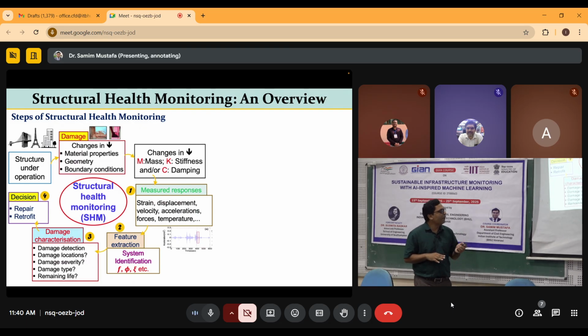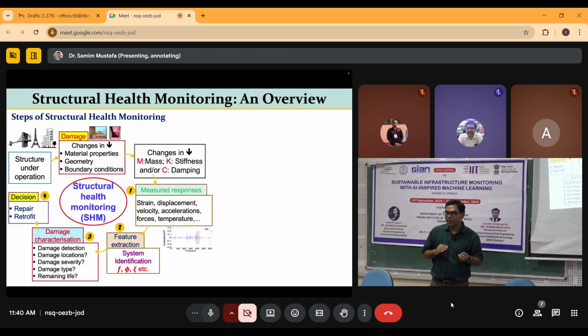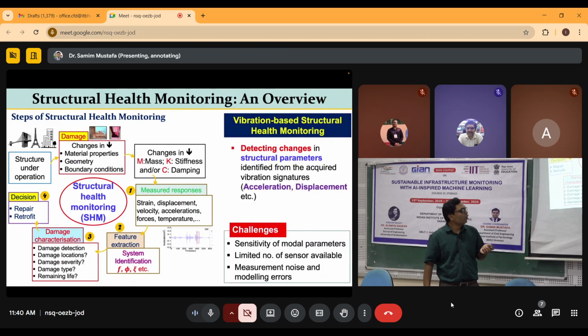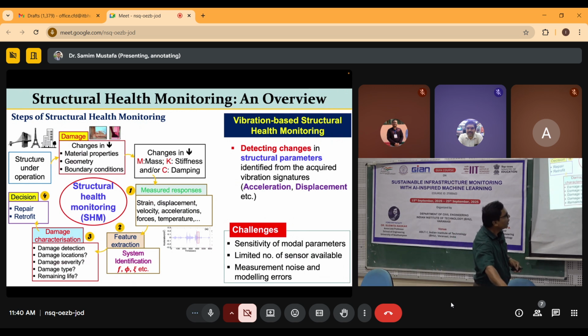Now we have to achieve all of this, okay, to implement real-time structural health monitoring. Otherwise all the talk that we are discussing, like AI and machine learning, will all be in vain if you are not able to obtain these 4 steps, right? So to execute these 4 steps in structural health monitoring, what can we do?